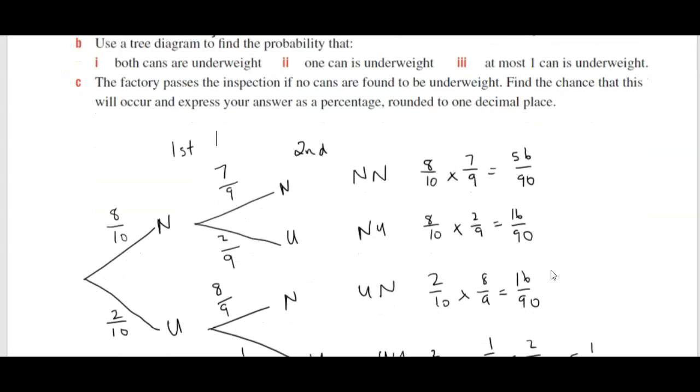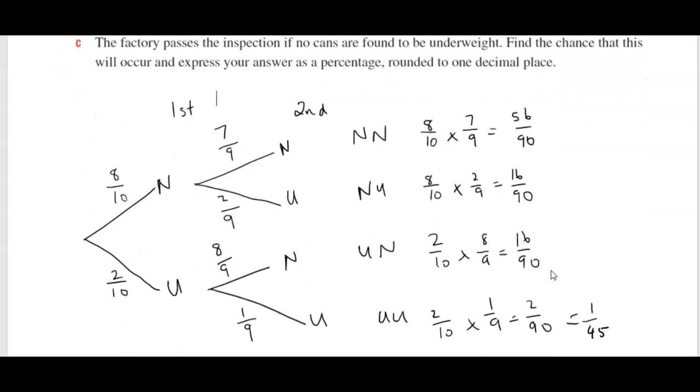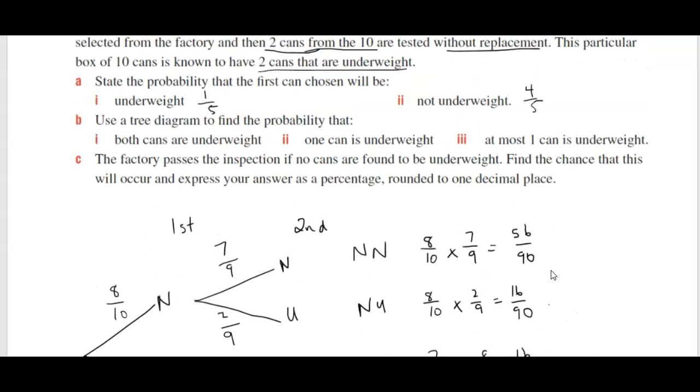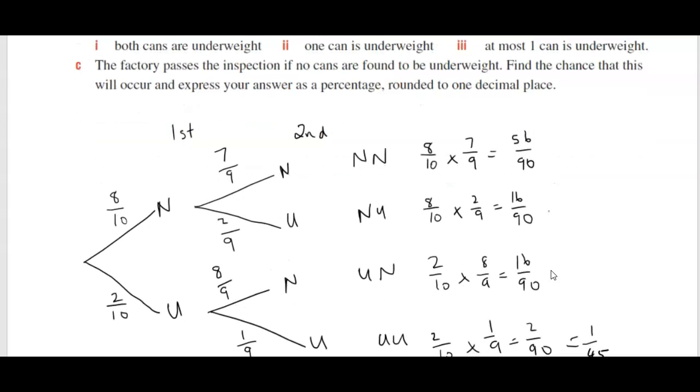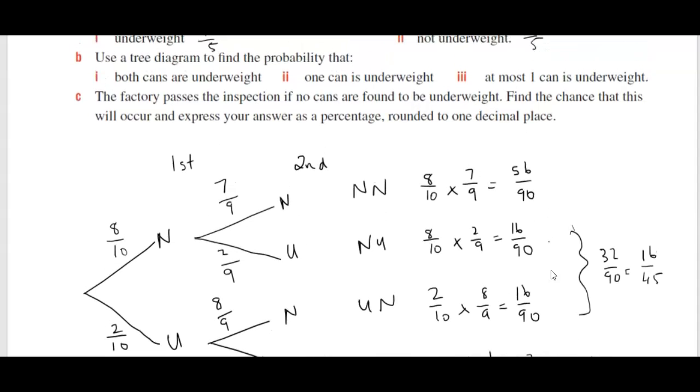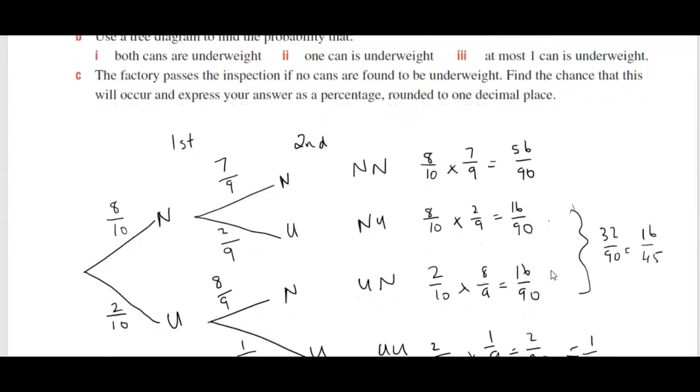One can is underweight, so we're going to add these two together. So we're going to have 32/90, which is 16/45. And at least 1 can is underweight.